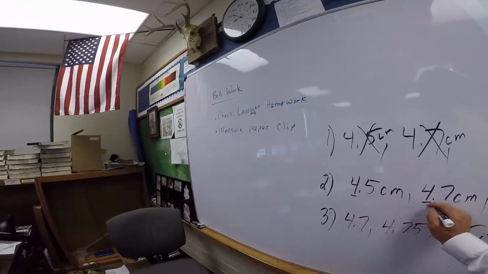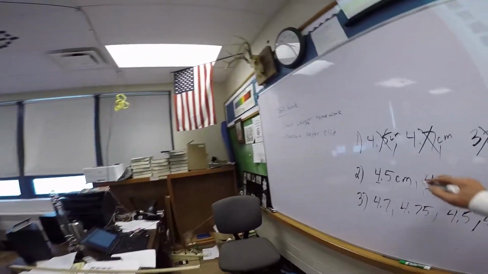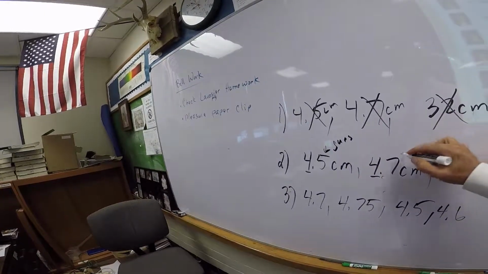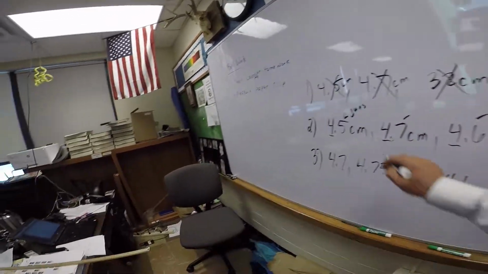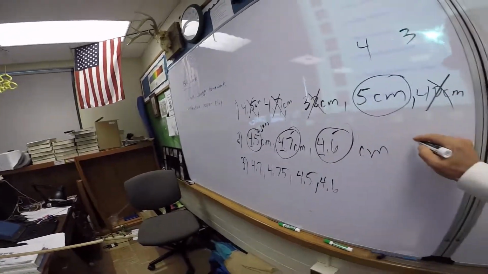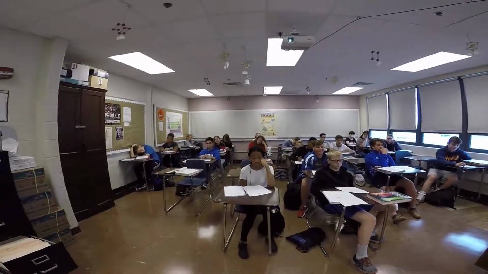It's the known. One past the 4 is your guess. So this is your guess. Does everybody see that? So these are all correct here. Put the circle around that.